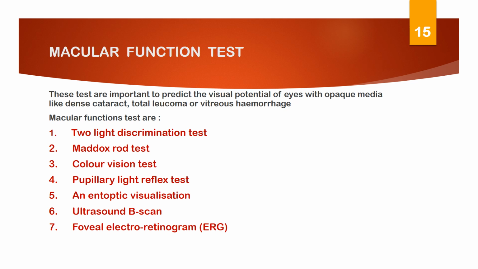It gives valuable information of the posterior segment such as the vitreous and the retina in case of total cataract. Gross abnormalities like vitreous hemorrhage, RD, intraocular tumor and staphyloma. And sixth is the foveal electroretinogram, ERG. It gives useful information on the function of the retina, but this test is not required in routine clinical practice.